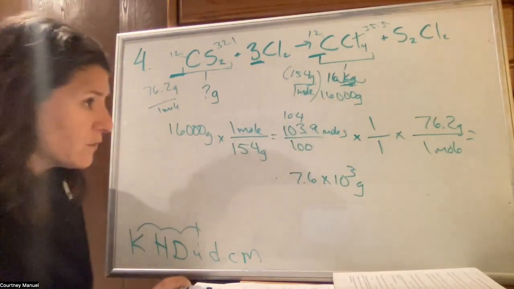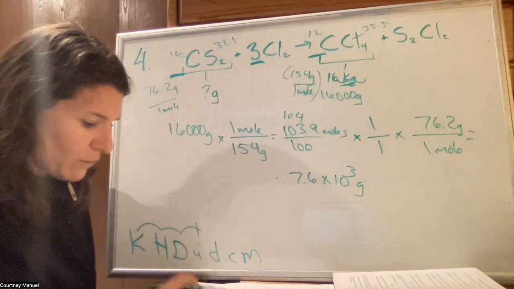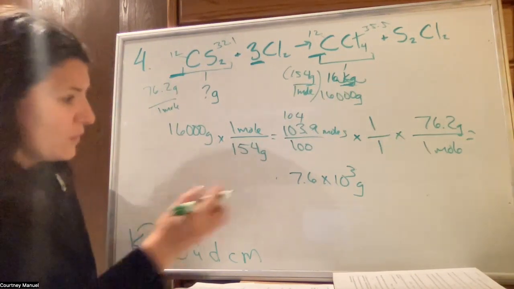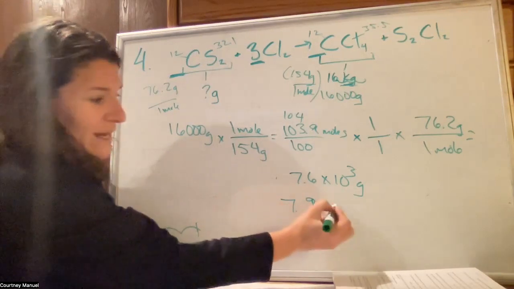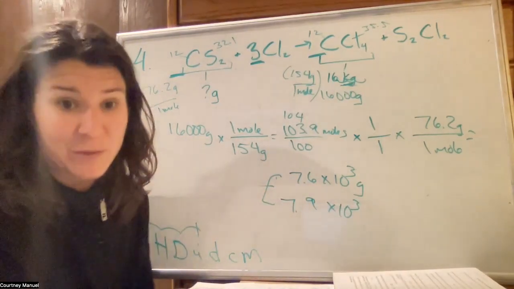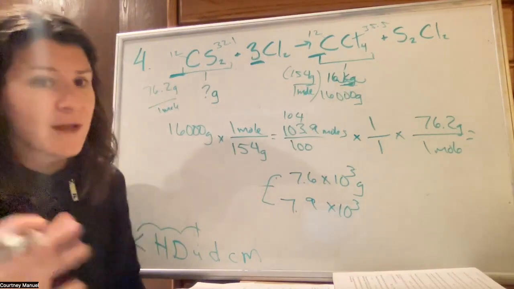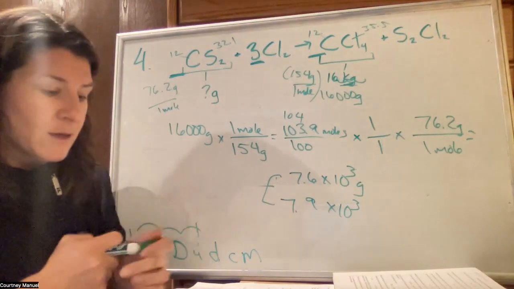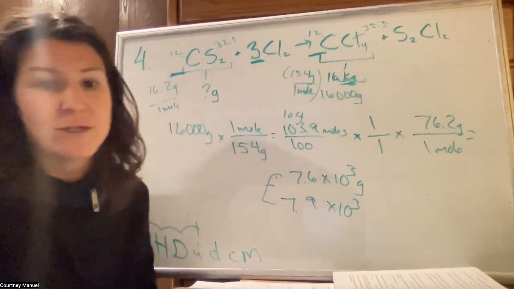If you were to do it longhand, like at least how I have 104 times 76.2, you could have had 7.9 times 10 to the 3rd. So if your answer is in between there, you're in a good place, which seems like a lot of room for error, but that's what rounding will do if you're rounding in the middle of your equation.